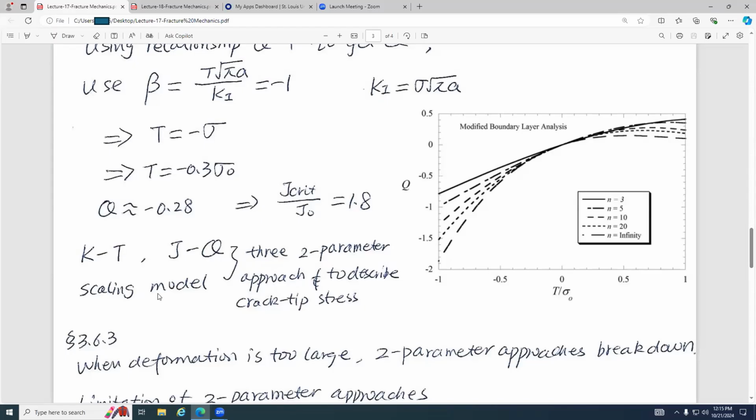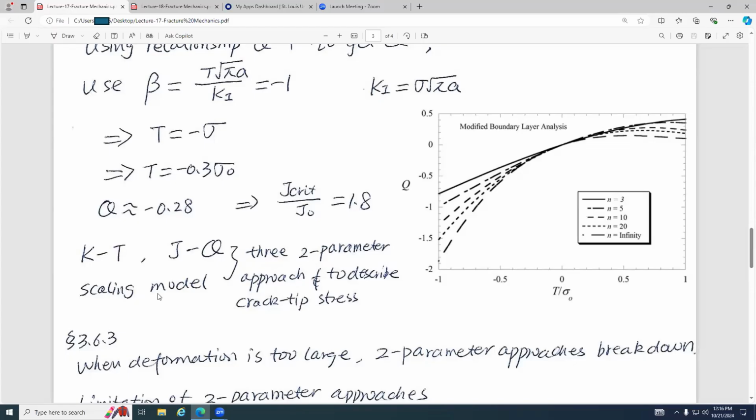If the plastic deformation is small, we can use a single parameter to describe the crack tip. The single parameter can be K, can be T, energy release rate, or the J integral. However, if the plastic deformation is huge, single-parameter models fail, and we need to use a two-parameter approach.